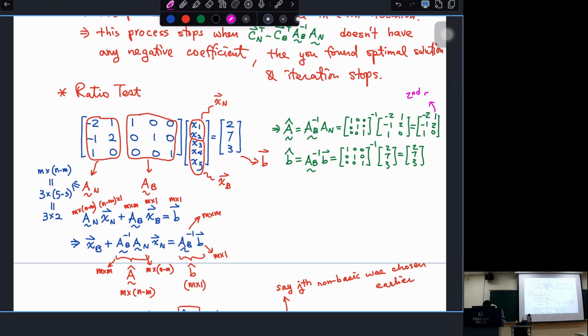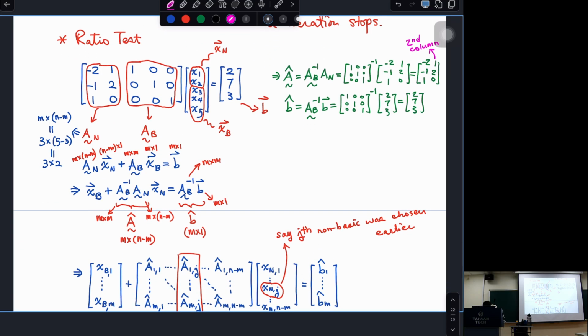The second column is 1, 2, and 0. So ratio test: you take all the B hat divided by the entries in the A hat second column, which are 1, 2, and 0. So this is 2, this is 3.5, this is infinity.